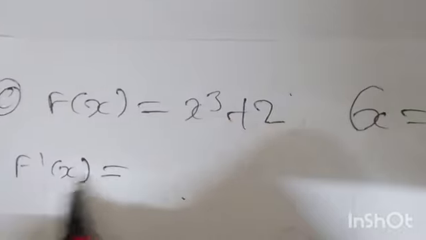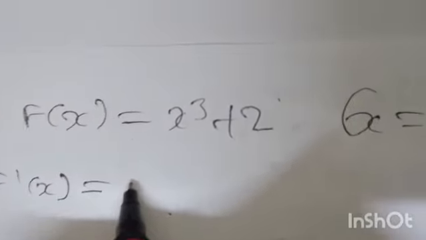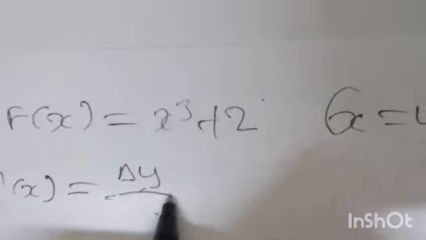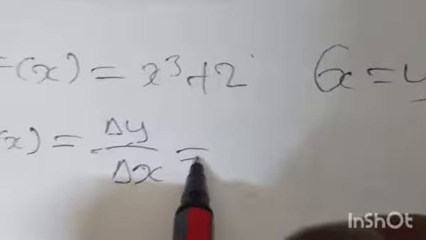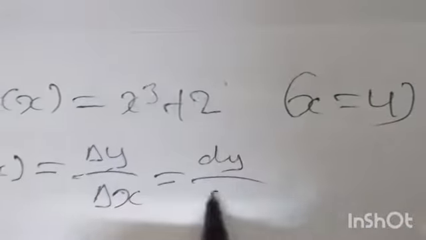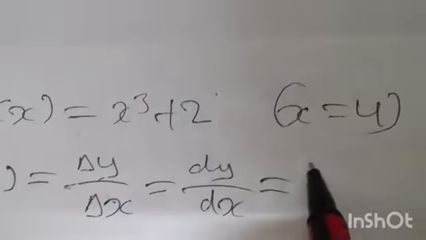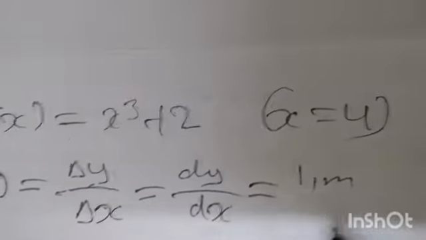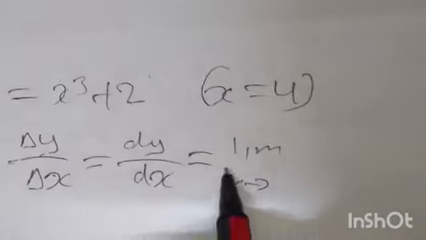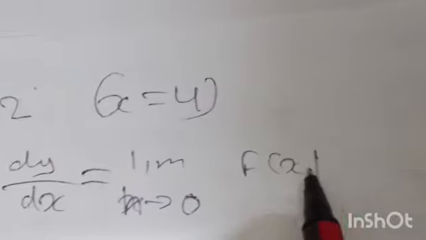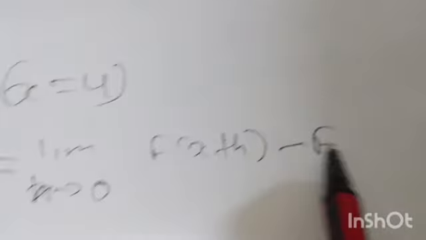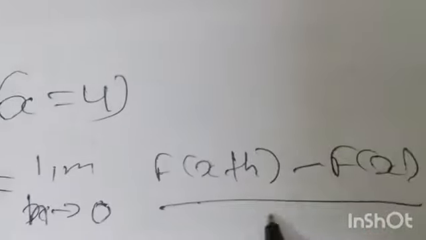The formula for the first principle is given by f prime of x is equal to, in other words, you can say change in y over change in x. In other words, as you know, it is dy over dx, which is equal to limit as h approaches 0 of f of x plus h minus f of x over h.